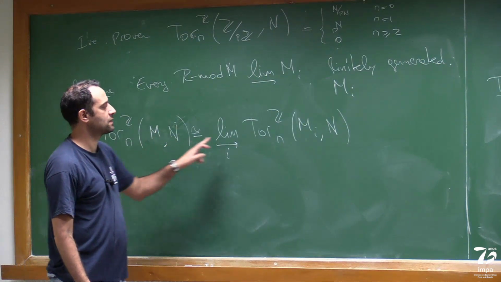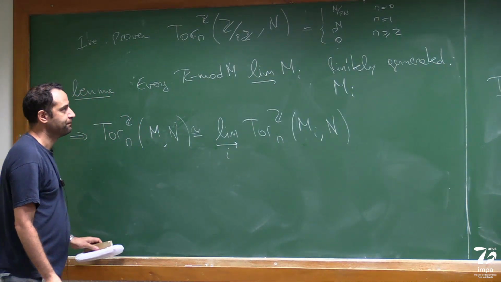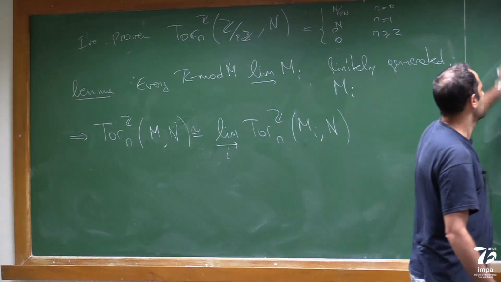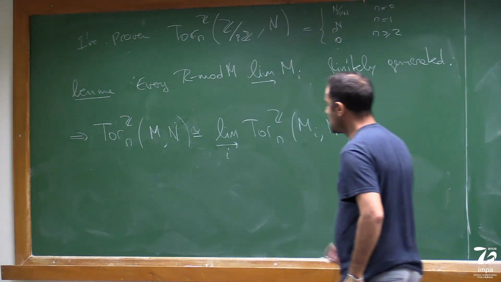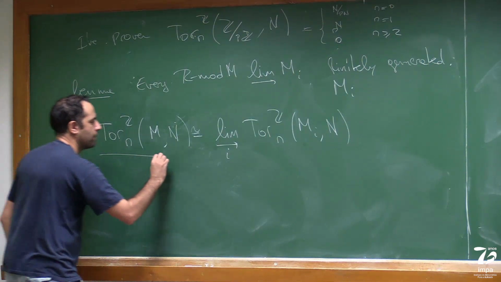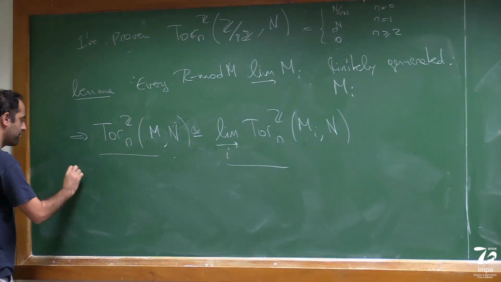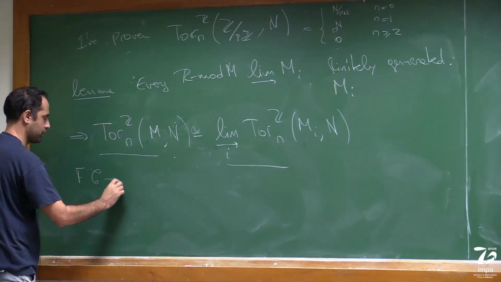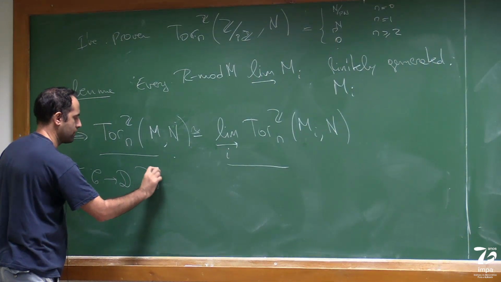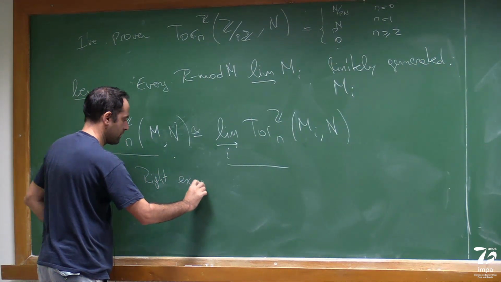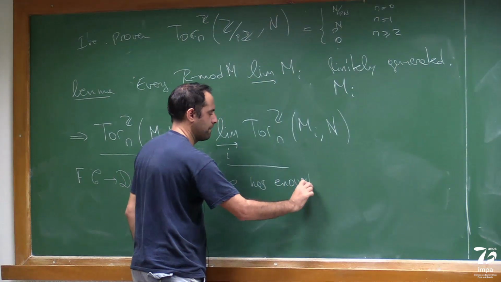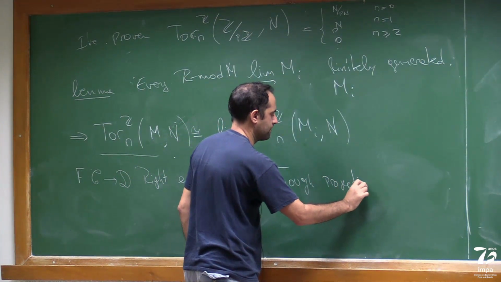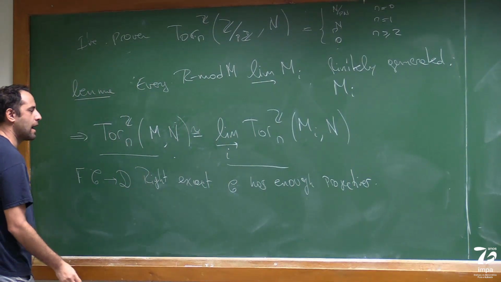Okay, so here is the colimit, and here I've taken the colimit outside. So this is general for any right exact functor F, where C has enough projectives and is co-complete.